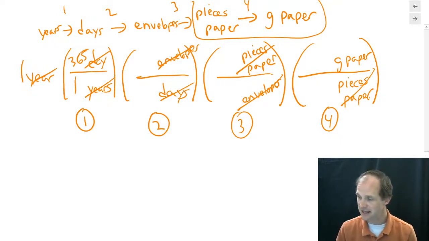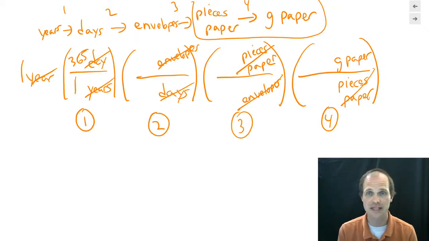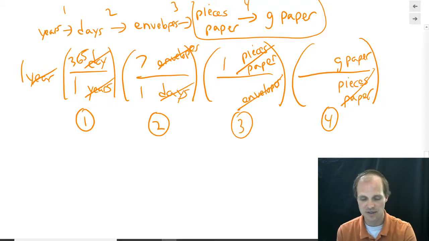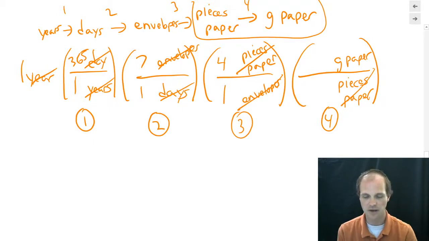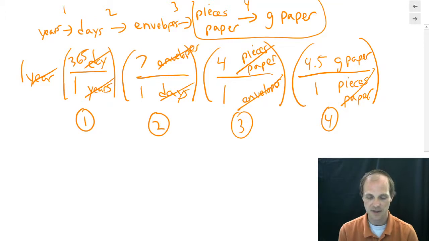Envelopes and days, if you look back at our numbers, we got 7 envelopes in 1 day. 7 is connected to envelopes, 1 is attached to days. Pieces of paper and envelopes, there were 4 pieces of paper in 1 envelope. And grams of paper and pieces of paper, there was 4.5 grams of paper in 1 piece of paper.